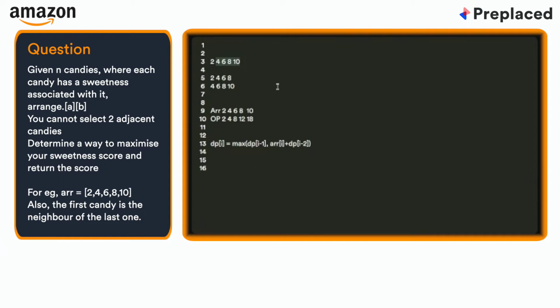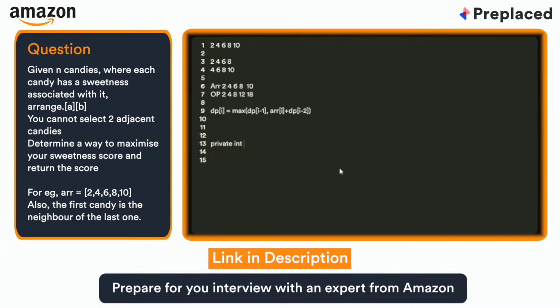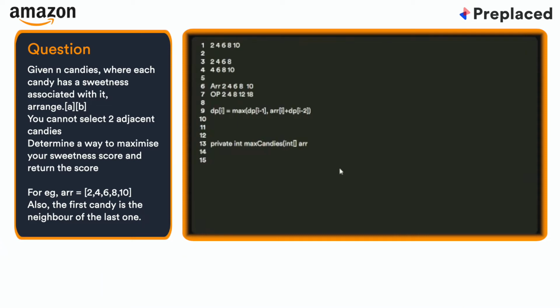Okay. Can you start with the implementation? Yeah, sure. I have to return the maximum, right? This is my given array, and let's say I also have the size of that array.